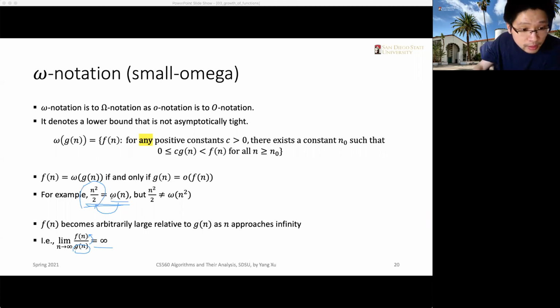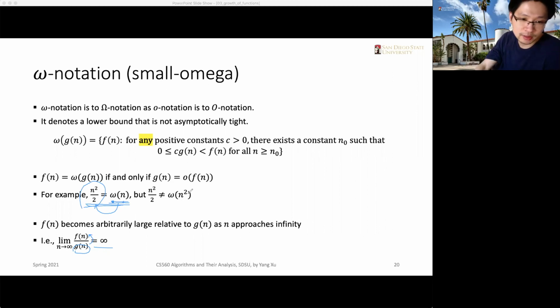So this small omega indicates that the linear line is a loose lower bound for the quadratic function, which makes sense, right? Because if you draw a quadratic function, it will increase much faster than a linear line.